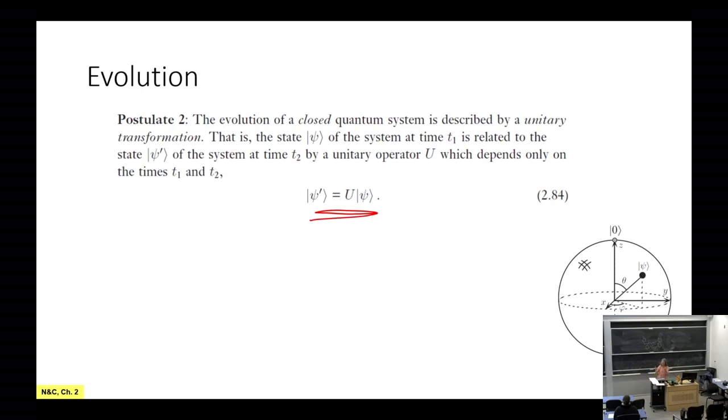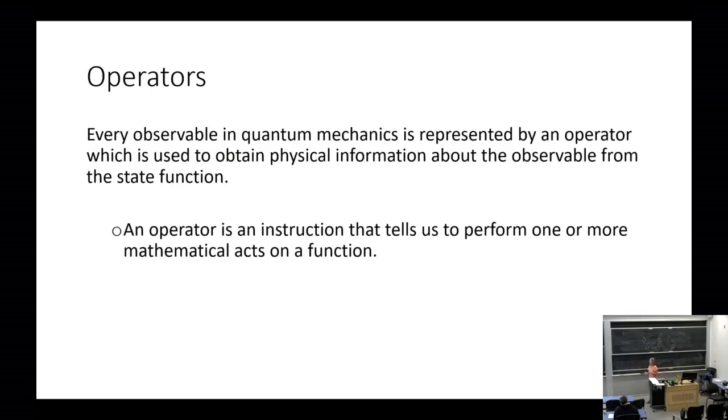So this is the first time we're seeing this term operator, though it came up in discussion last week. I'll just mention that we want to think about operators as matrices in our systems. They are used to represent observables, and they're used to obtain physical information about the observable from the state function. So an operator is basically an instruction that tells us to perform one or more mathematical acts on a function.